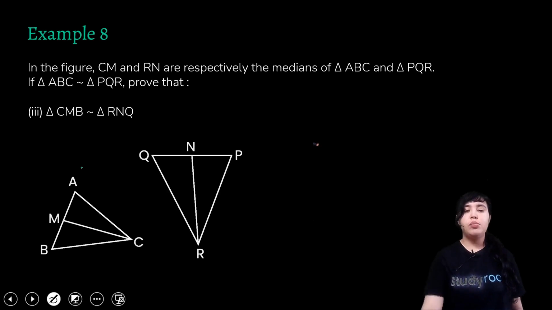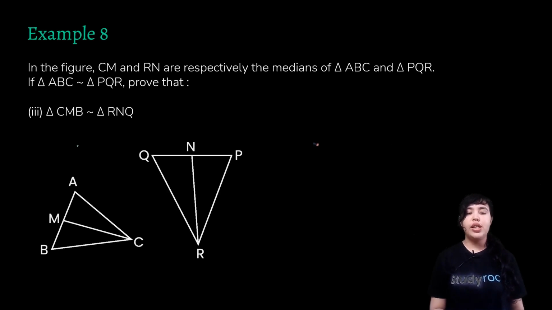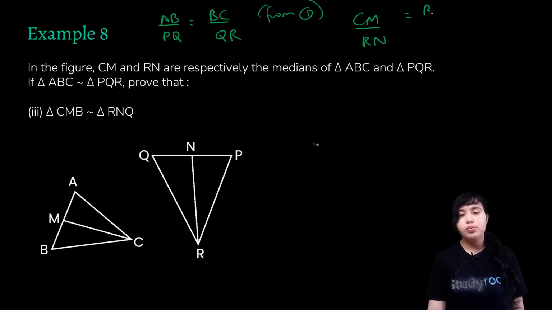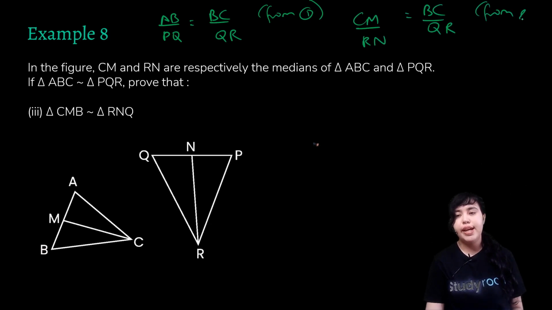Then I believe we have one more part over here where we have to prove that triangle CMB and triangle RNQ are similar. So from the first equation again we know that AB upon PQ is equal to BC upon QR. We're getting this from equation number 1. Then we can also say that CM upon RN is equal to BC upon QR, which we are actually getting from equation number 8.